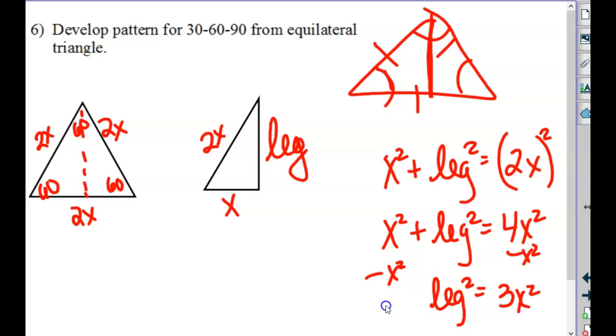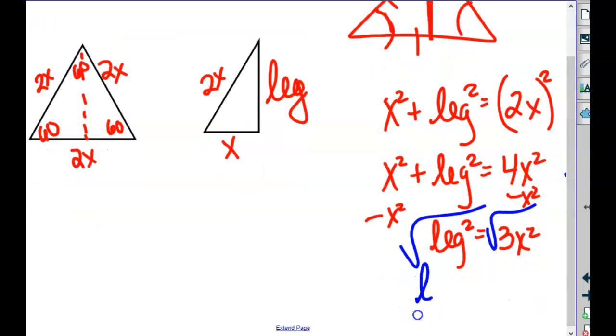So then if I square root, this leg that I'm looking for, the long leg, is X square roots of 3. So that's where it comes from. It does come from the Pythagorean theorem and the fact that an equilateral triangle has all equal sides and a 30, 60, 90 is half of an equilateral triangle.